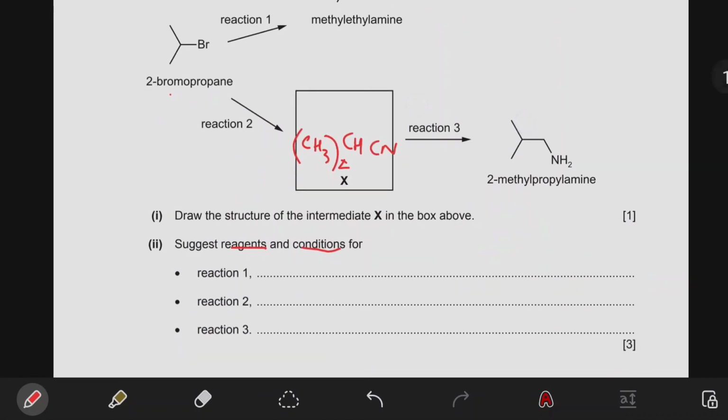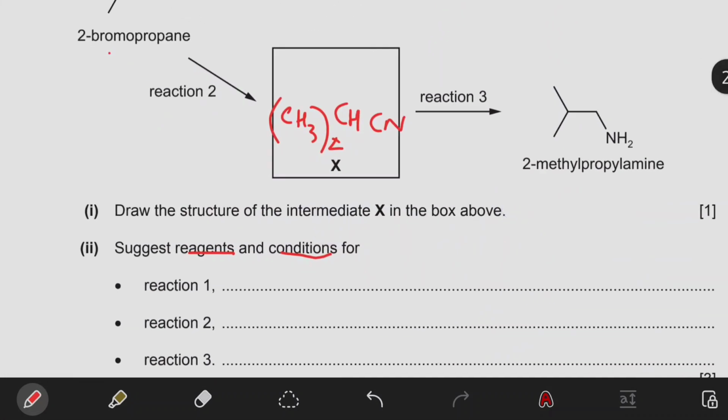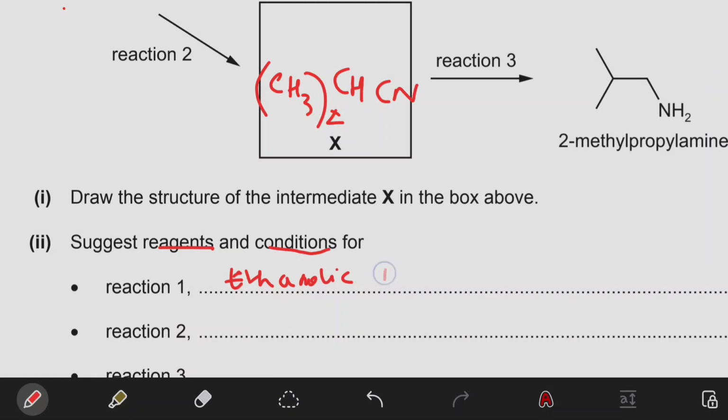So the reagent would be ethanolic ammonia.